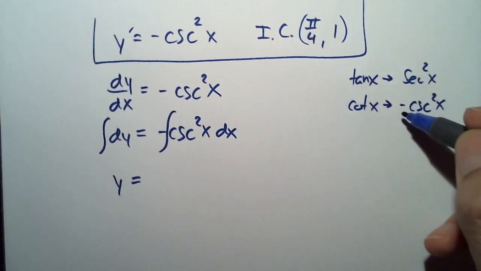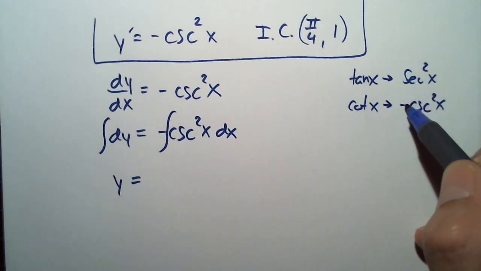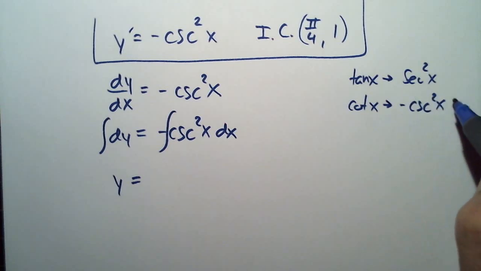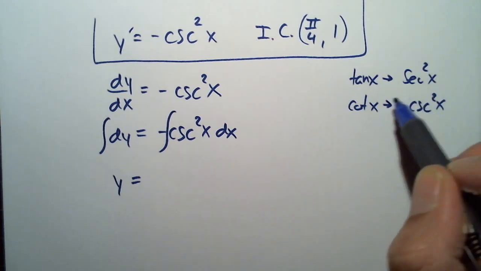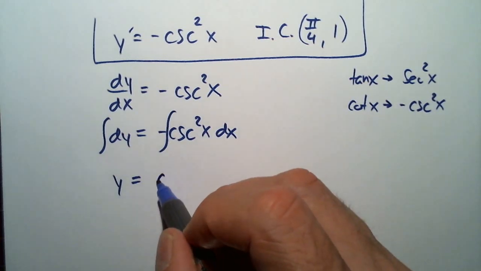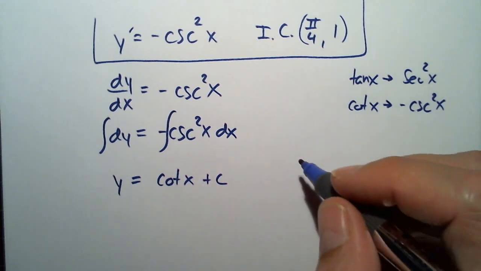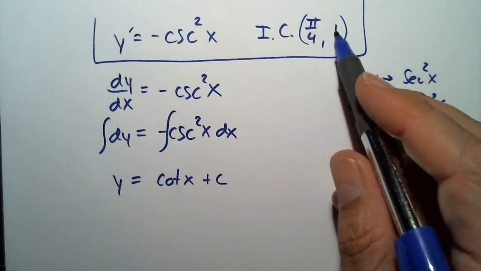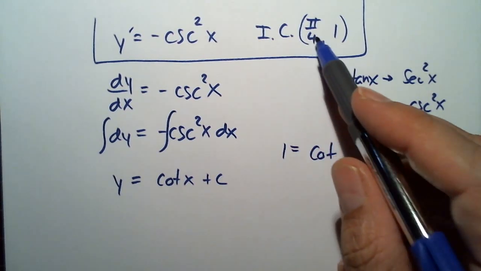They have that pattern there. When you do the derivative of a cofunction, you also put a negative on there. So we have this already, and we can see that the antiderivative is just going to be cotangent. Then we'll use the initial condition. Y is 1. Cotangent x is pi over 4.